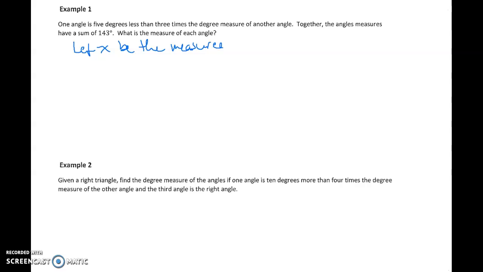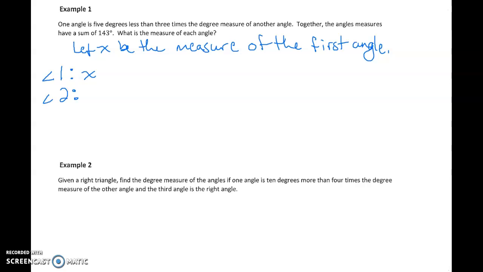I'm trying to go fast here. Okay, so I'm using x to represent one of the angles. So we know we have two angles here. One angle is 5 degrees less than 3 times the measure of another angle, and together. So angle 1, we say, is going to be x. So what is angle 2?